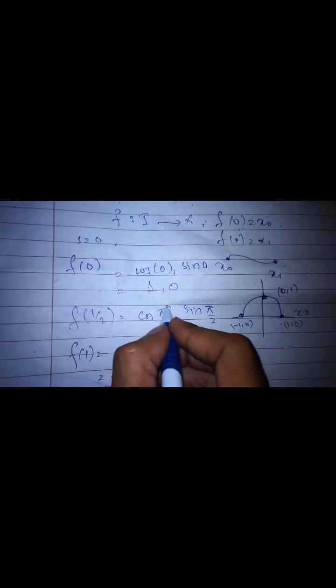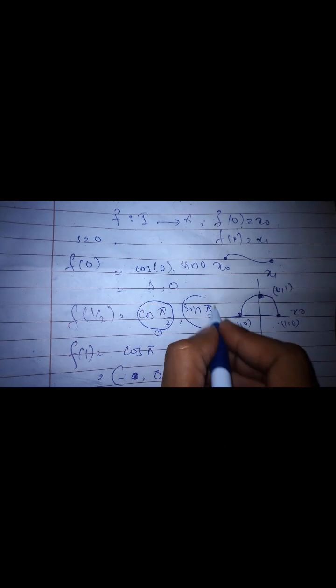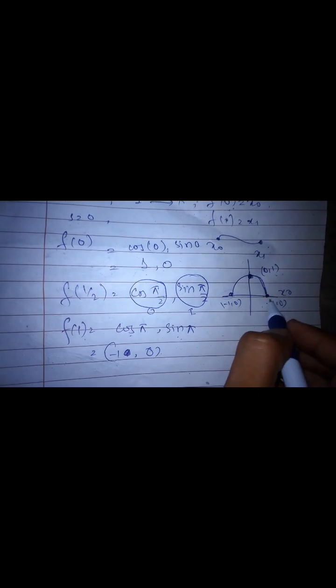Cos pi by 2 is 0 and sin pi by 2 is 1, so we get the point (0, 1), and this is the path. If we substitute s is equal to 1, we get (cos pi, sin pi). Cos pi is equal to minus 1 and sin pi is equal to 0, so we get the point (minus 1, 0). So here is a path starting from (1, 0) and ending at (minus 1, 0).